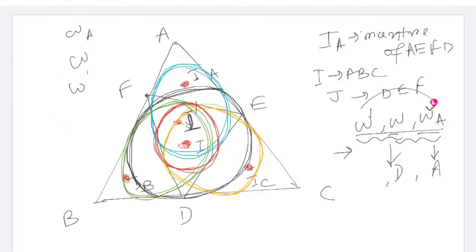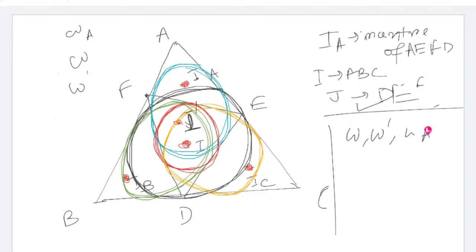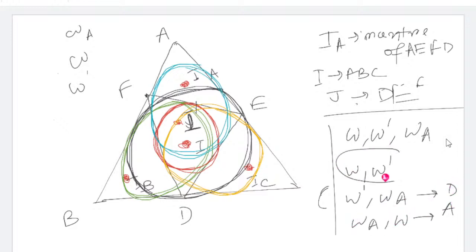Suppose you are applying it on omega, omega dash, and omega A. Then omega comma omega dash, omega dash comma omega A, and omega A comma omega. This is A, this is D, and this is something fixed. Call it J for now. I renamed DEF's incenter to be I dash.